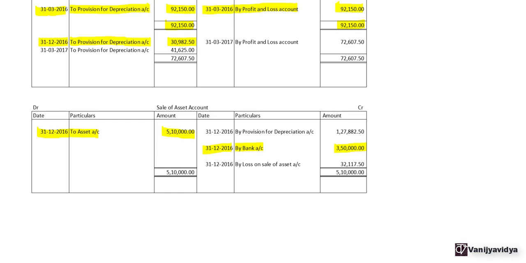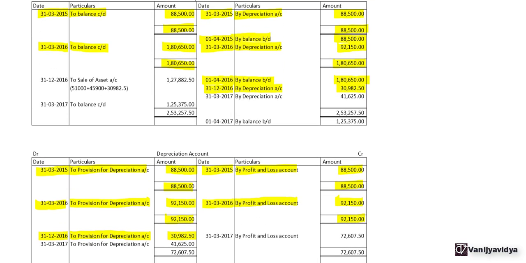Now we also need to transfer whatever is the depreciation on that asset. So the entry will be provision for depreciation account debit to sale of asset account. Since we have already prepared the working notes, we know the total depreciation on the asset. So on 31st December 2016 to sale of asset account. 51,000 was for year 1, 45,900 was for year 2, and 30,982 is for year 3 till the date of sale.